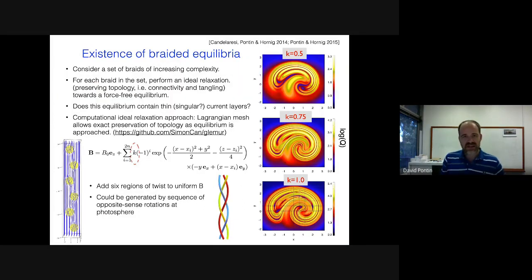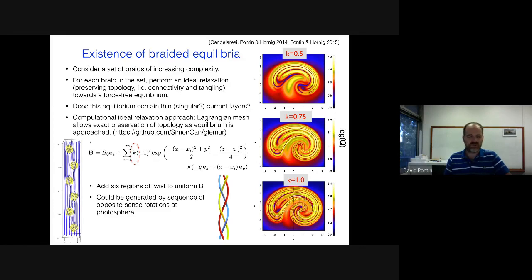All right, so to test this, we've performed a bunch of these ideal relaxation simulations. What we've taken is a series of different starting fields of increasingly tangled or increasingly braided magnetic fields. And the way that we do this is through this construction here.